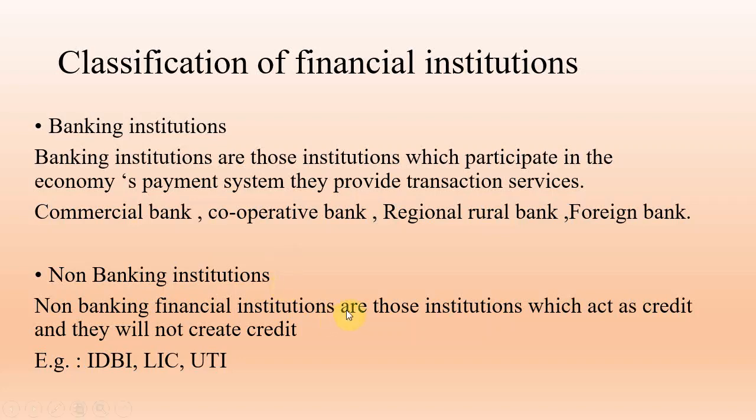Then also non-banking institutions. Non-banking institutions are those institutions which act as a credit and they will not create credit, such as RBI, LIC, Life Insurance Corporation, and UTI, Unit Trust of India, which was established in 1993 with headquarters in Ahmedabad, and now it is also renamed as Axis Bank.